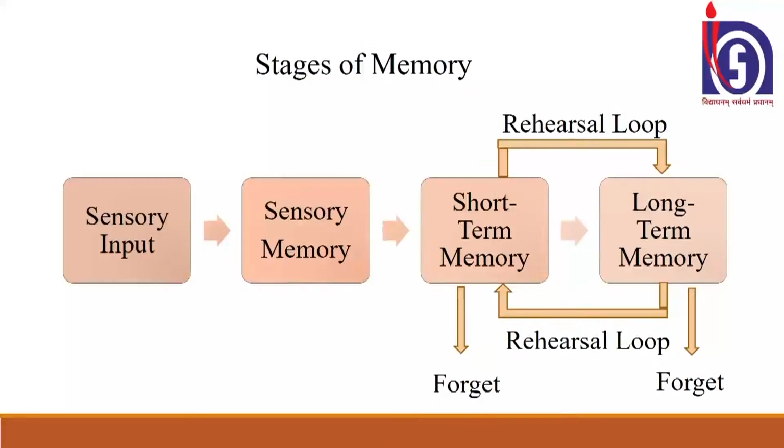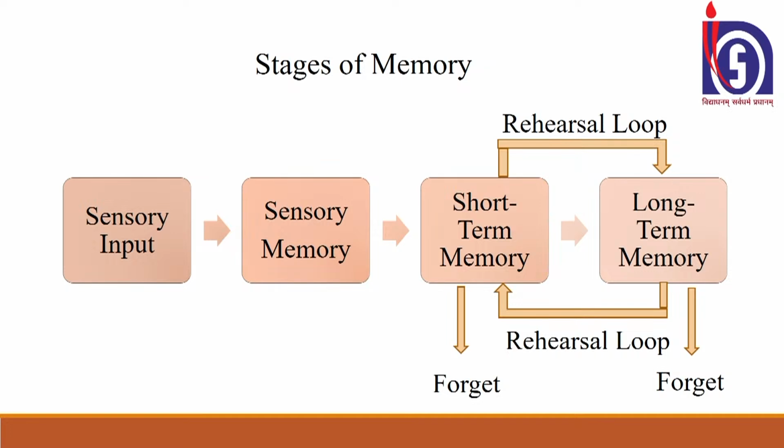Next we talk of stages of memory. We have talked of the different memory systems that were present, like sensory memory, short-term memory, and long-term memory. So this is a flow chart which shows how the information travels and how the different processes of memory happen. The first step is that the sensory input is received, and then it travels through the sensory memory.